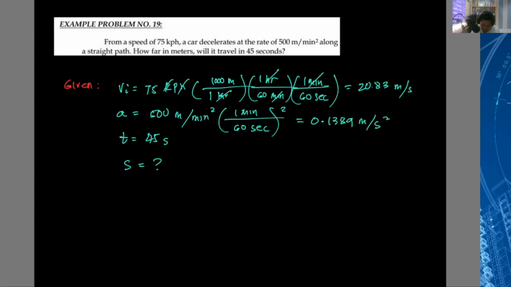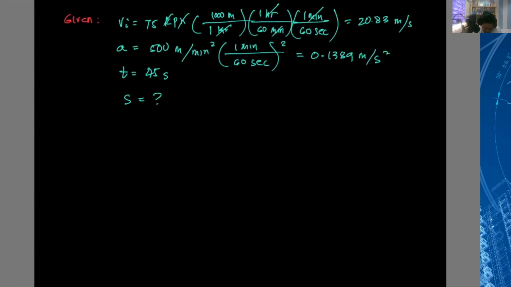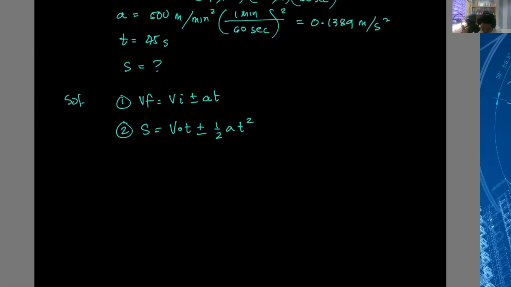For the solution, we first write the formulas. Number 1, velocity final equals velocity initial plus or minus acceleration times time. Number 2 is S equals velocity initial times time plus or minus 1/2 AT squared. Number 3 is velocity final squared equals velocity initial squared plus or minus 2AS.